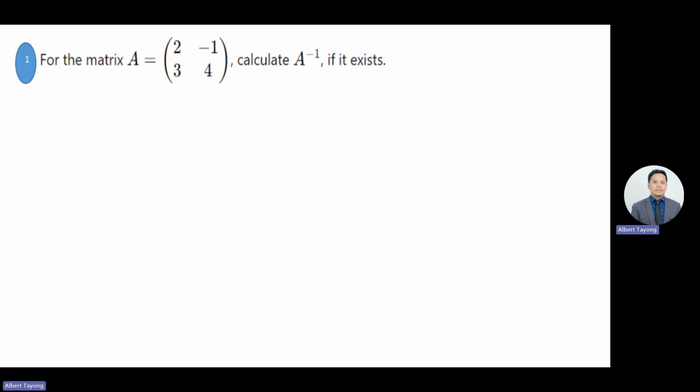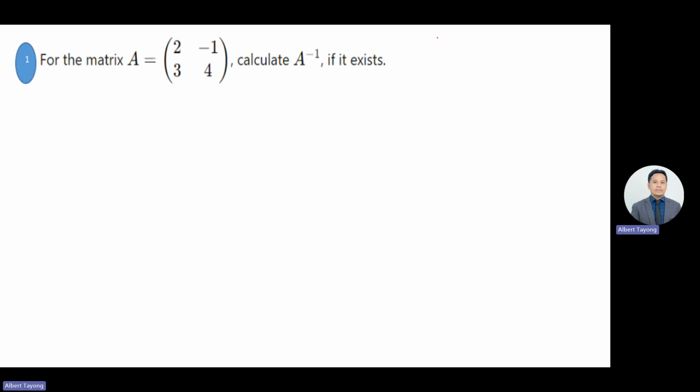Now, basically, we can calculate the inverse of any matrix if it is a square matrix and the determinant is not equal to 0. If the determinant is 0, we cannot get the inverse, or if the matrix is not square, we cannot get the inverse either.